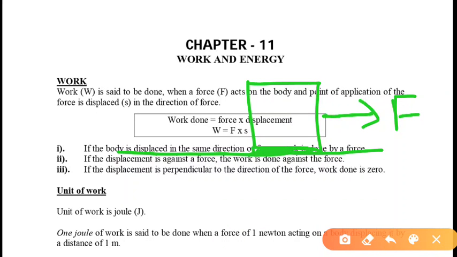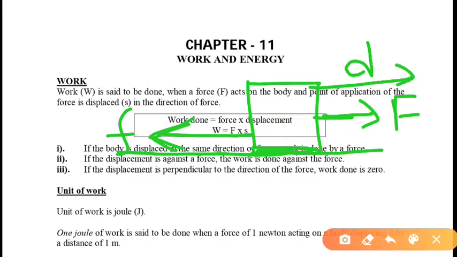That friction is always opposite. So this is the frictional force, small f. This friction force is in this direction, but you are dragging it in this direction, so the displacement is in this direction. So work done by friction is negative.